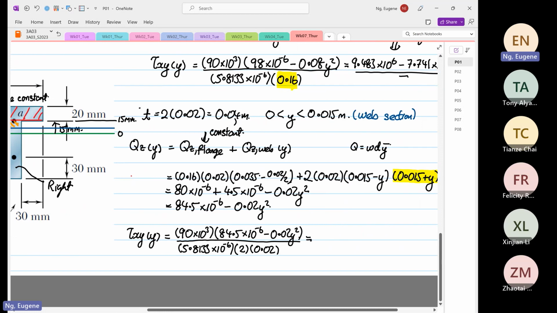So this will be equal to 90 times 10 to the power 3. I got a weird number. Wait, 80 to the power minus 6 plus. It's correct, 84.5, correct.